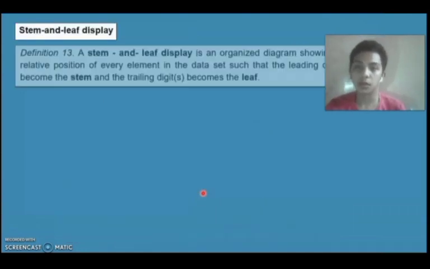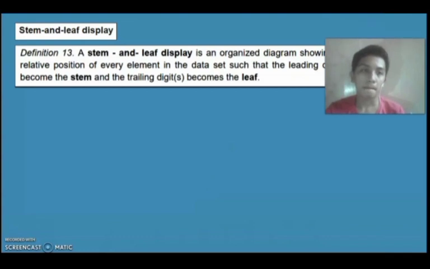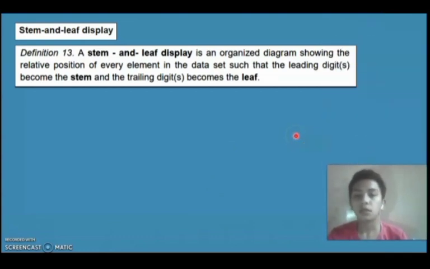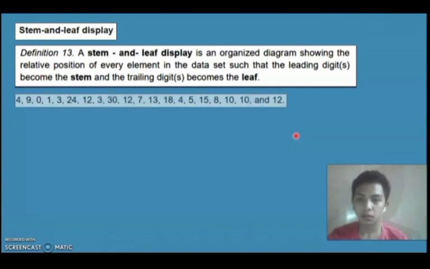Stem and leaf display. A stem and leaf display is an organized diagram showing the relative position of every element in the dataset such that the leading digits become the stem and the trailing digits become the leaf. This is done like this. We have here the dataset.